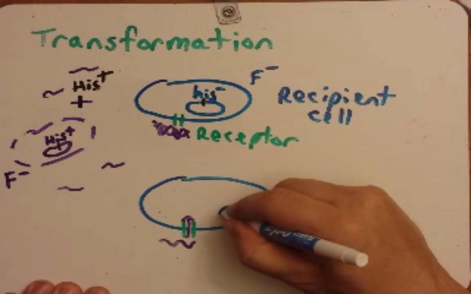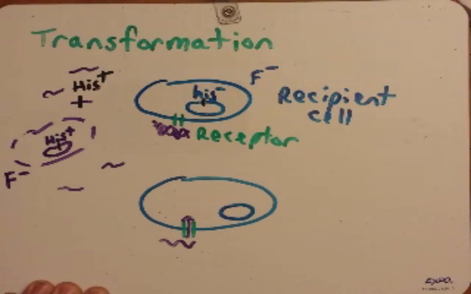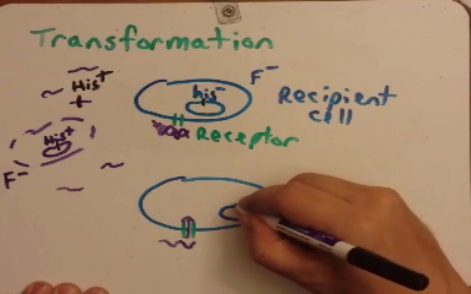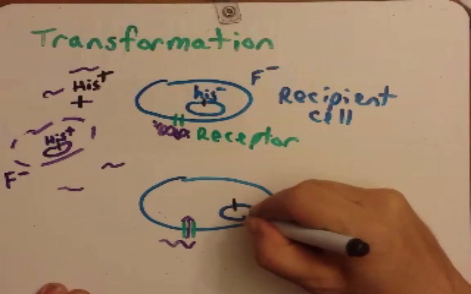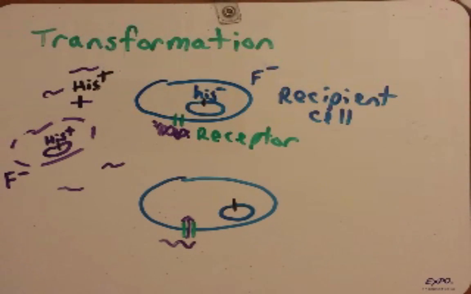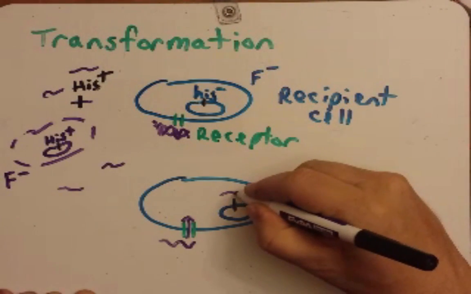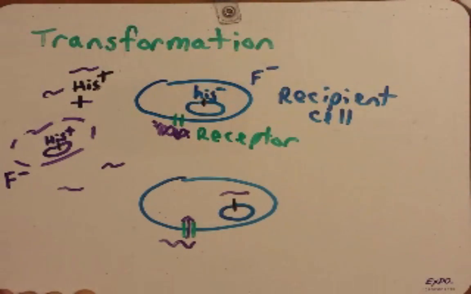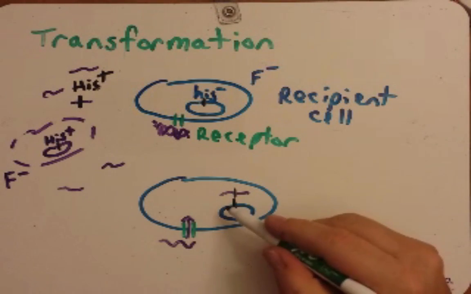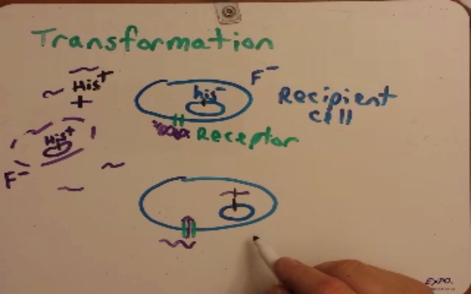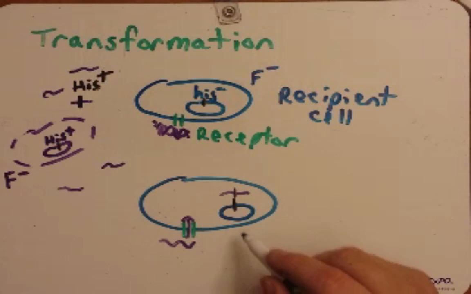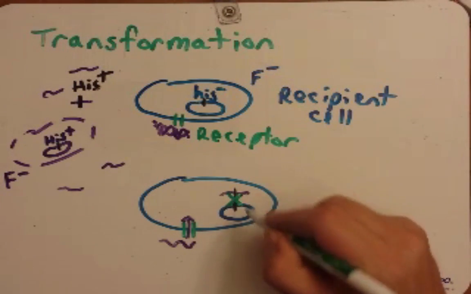And again, you have your genome here, the recipient genome, which is His minus with this line here. Now this single strand, which has the His plus gene on it, will undergo homologous recombination with the recipient genome, that's His minus, just like we talked about with the bacteriophage.